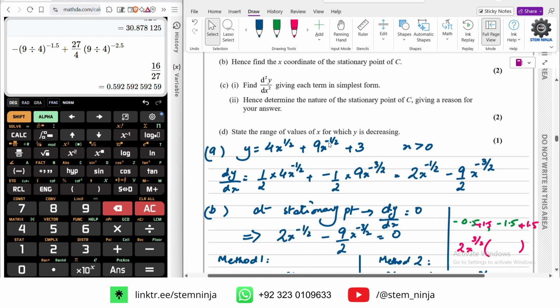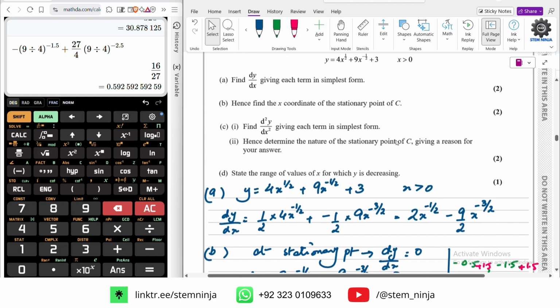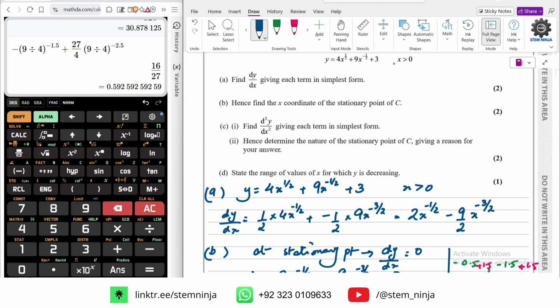State the range of values of x for which y is decreasing. So, if it's a minimum point, for x greater than 0 only, you are getting this point somewhere over at x equal to 9 over 4.